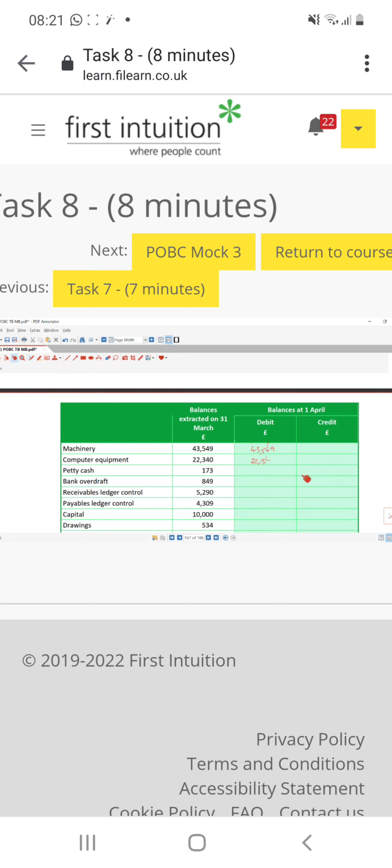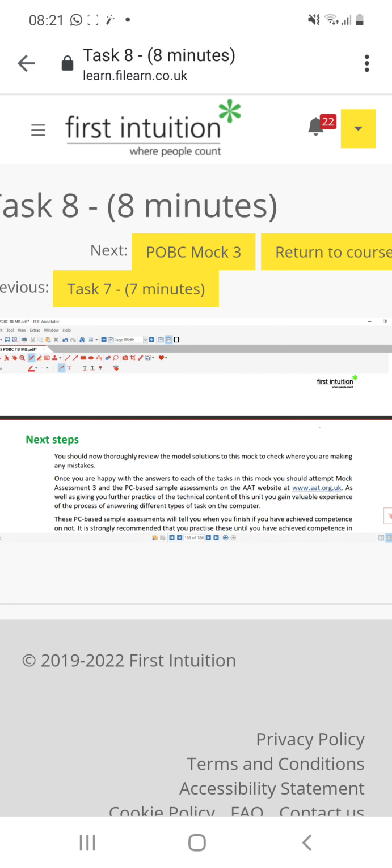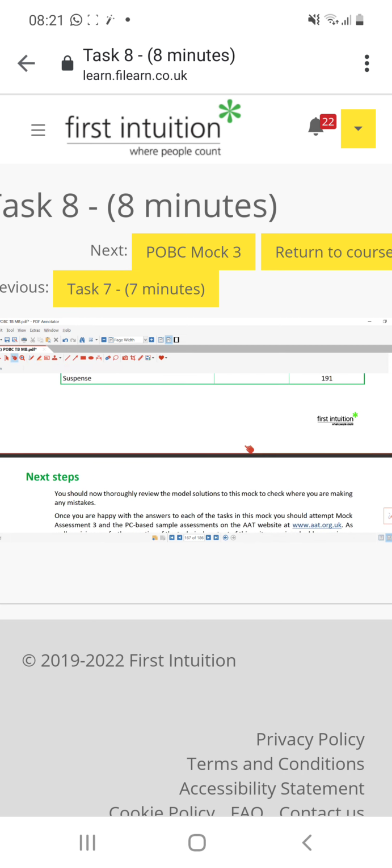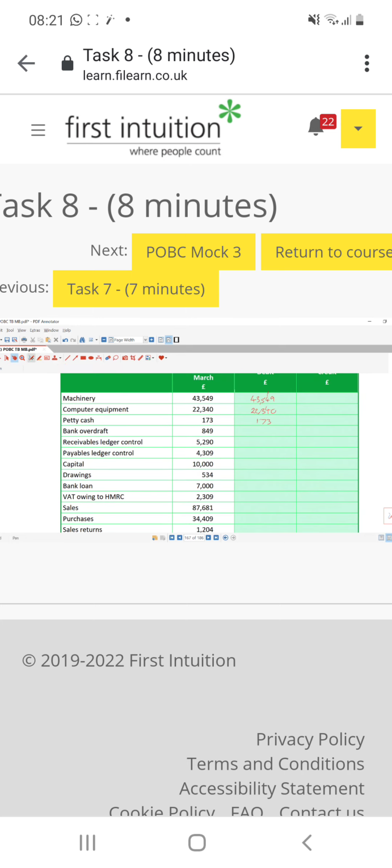So that 22,340 can come in here. Petty cash as well, another type of asset, will come in here. Our bank overdraft, though, remember, as it's an overdraft, is a liability. This 849 that we have just here, so that will be a credit balance. So that is absolutely fine.